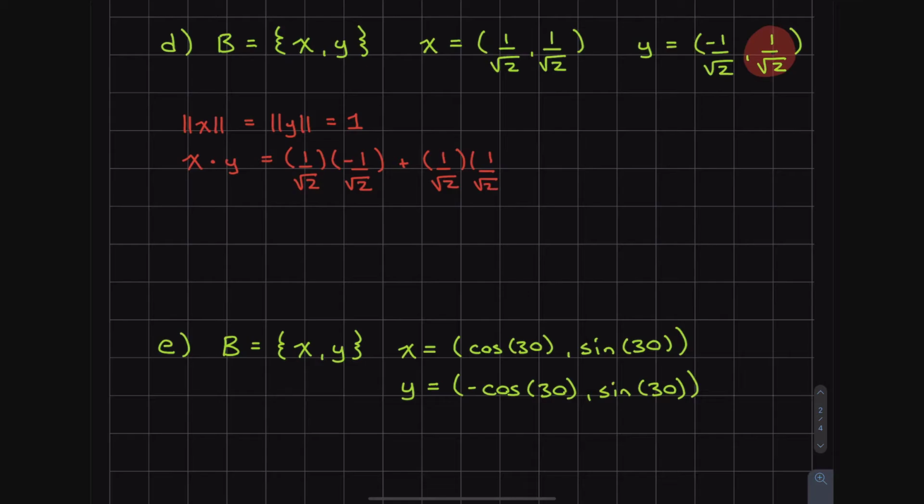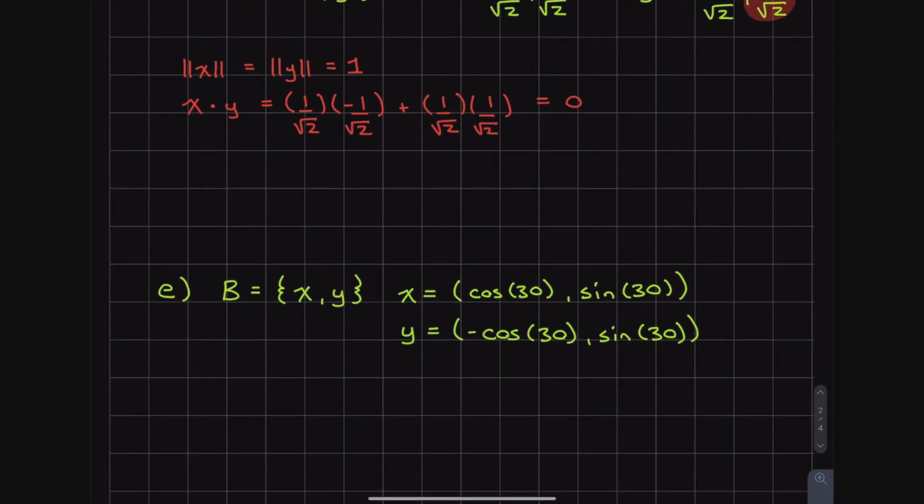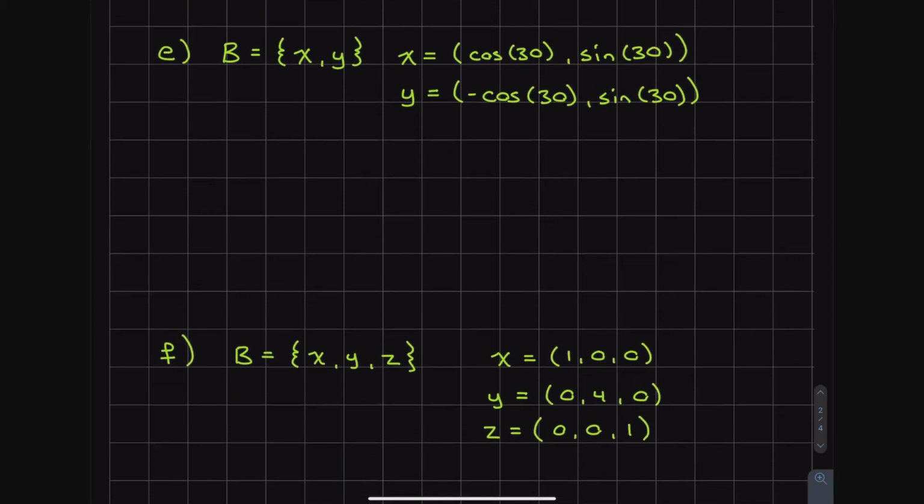So what ends up happening is we have 1/2 plus negative 1/2. So in the end, this is equal to 0. So in this case, these two vectors are perpendicular. Therefore, this basis is actually orthonormal. So we have an orthonormal basis set from these two vectors. So nice and easy. And we take these same properties and apply them going all the way through.